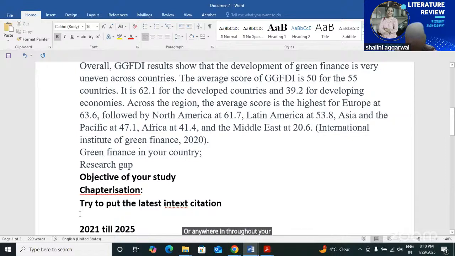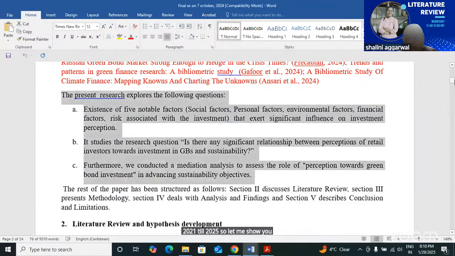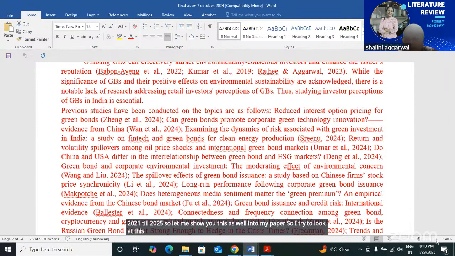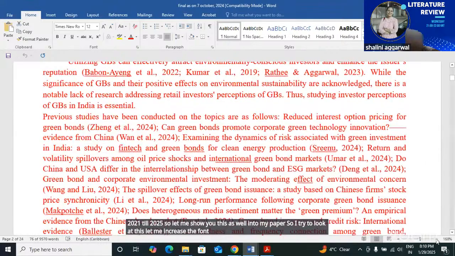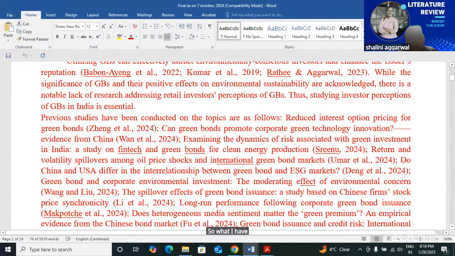So it should be from these years, 2021 till 2025. Let me show you this as well in my paper. Let me increase the font size. So you see, this is my paper on green bonds. What I have done is, look at this: 2024, 2024, 2024, 2024.